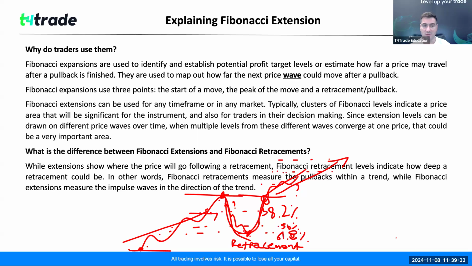Okay. So what is the difference between Fibonacci extensions and Fibonacci retracements? I think we have covered that already. While extensions potentially show where the price will go following a retracement, at the end of the retracement, Fibonacci retracement levels indicate how deep a pullback or a retracement could be.